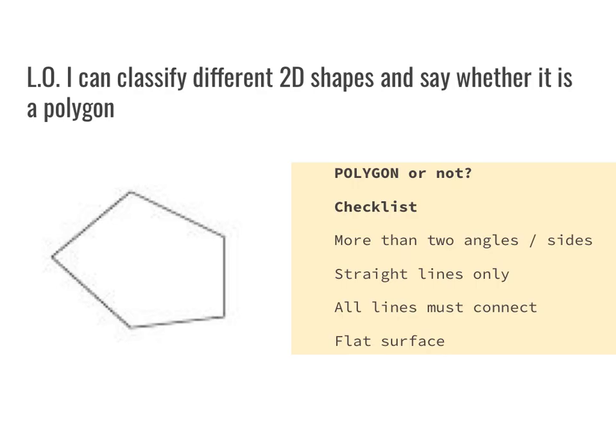Okay. Now take a look at this shape and the checklist of the properties of a polygon. Put a tick or cross beside each of the properties to decide whether the shape is a polygon or not. Now have a go at this.